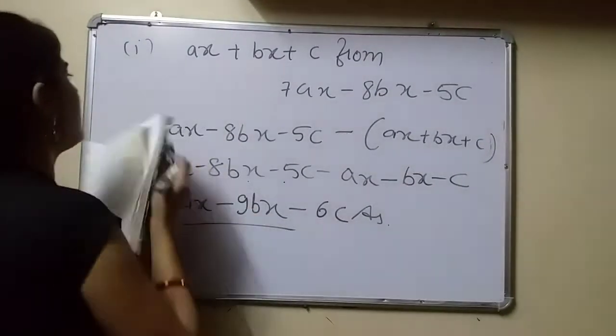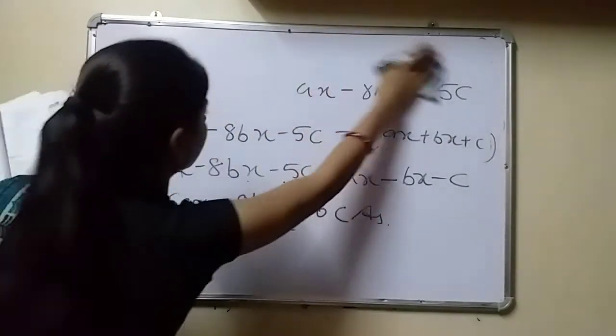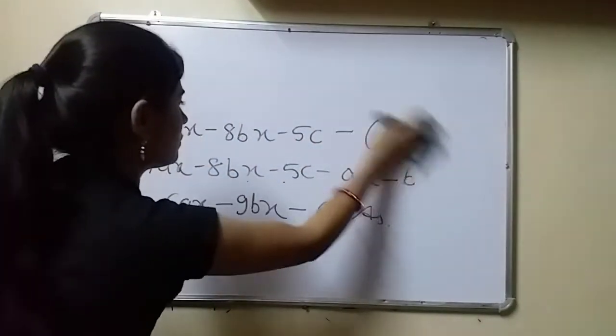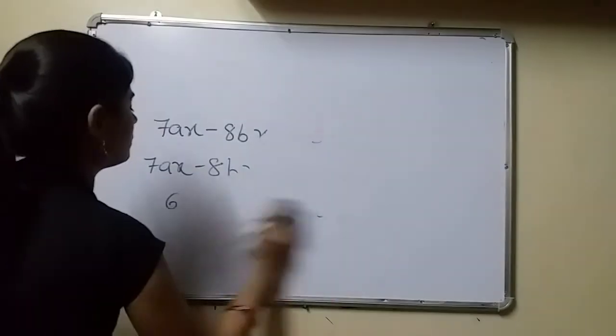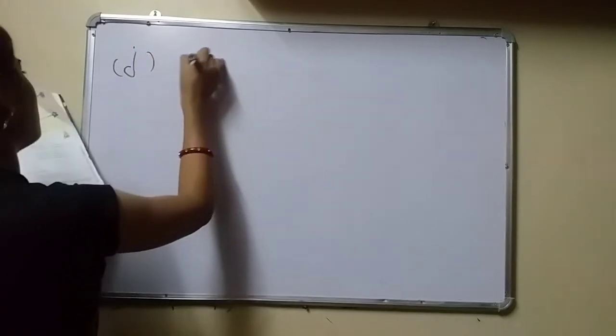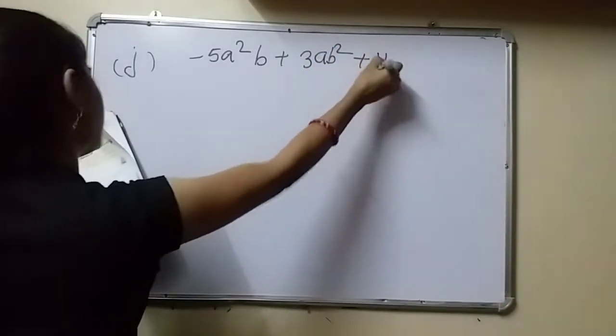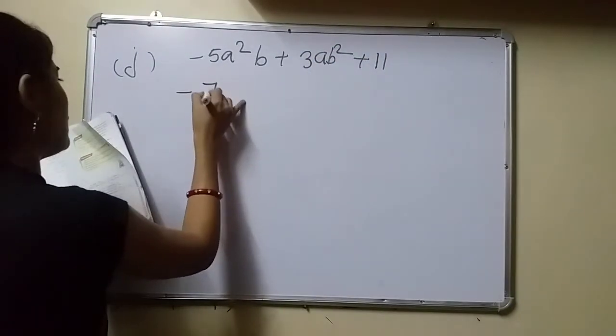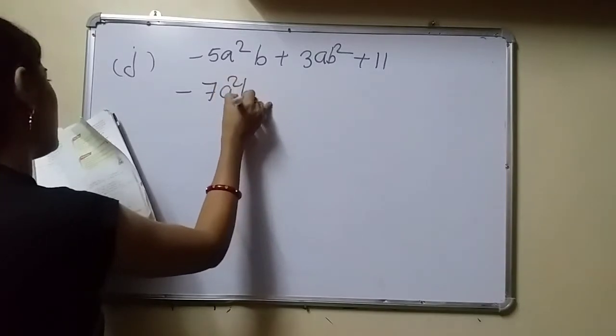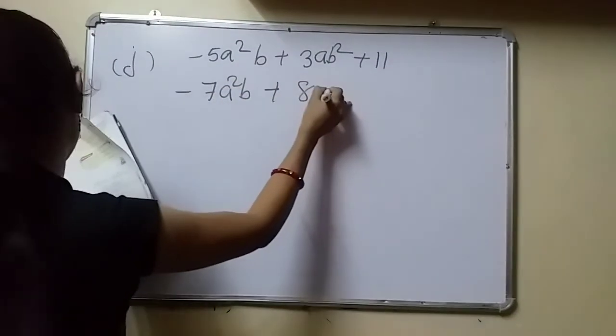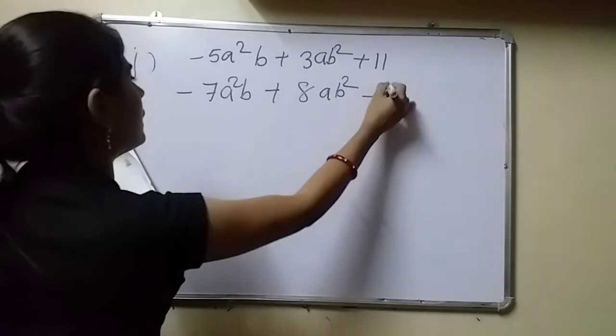Now see question number J. Minus 5a square b plus 3ab square plus 11, minus 7a square b plus 8ab square minus 18.